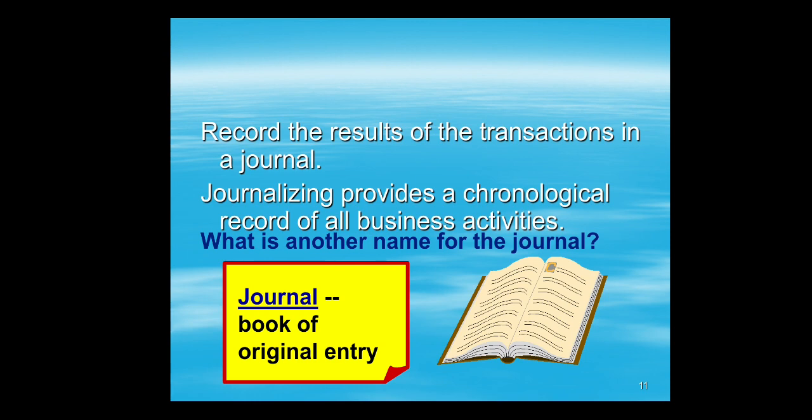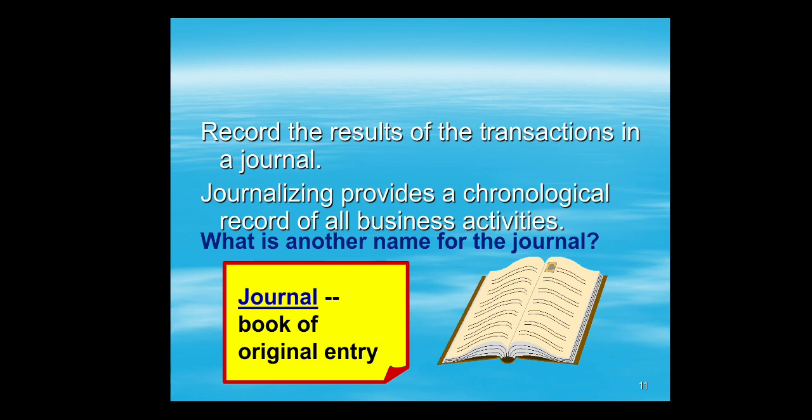Journalizing provides a chronological record of all business activities. It means that the record in the journal is in chronological order. Chronological order means the record is in accordance with the time when the transaction happened. Imagine there is a book, and you have to record all the transactions in the book.